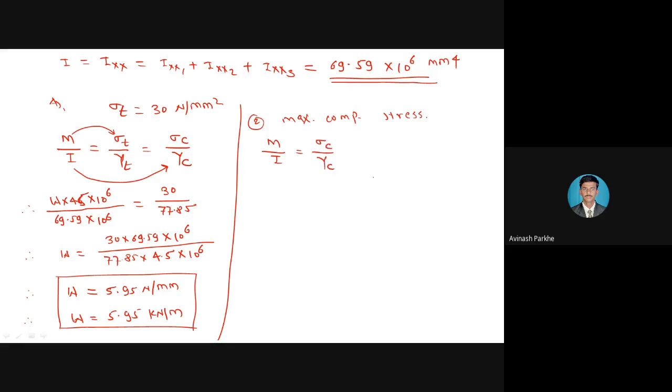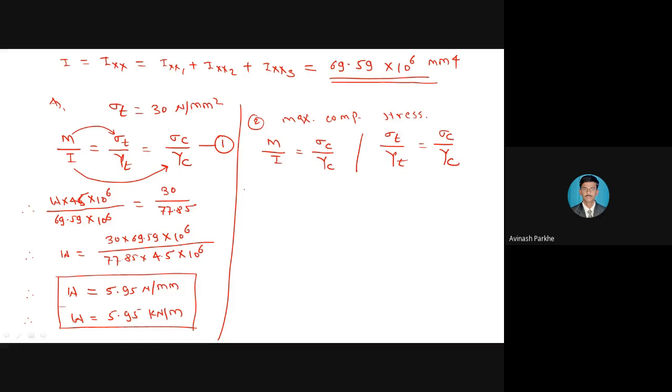I can use this particular combination, or I can use sigma t upon yt is equal to sigma c upon yc, because whatever the equation number 1 is there, M upon I is equal to sigma t upon yt is equal to sigma c upon yc. So if I compare sigma c and yc with M, now M has value W into 4.5. W value already we have calculated, so we can use any type of combination.